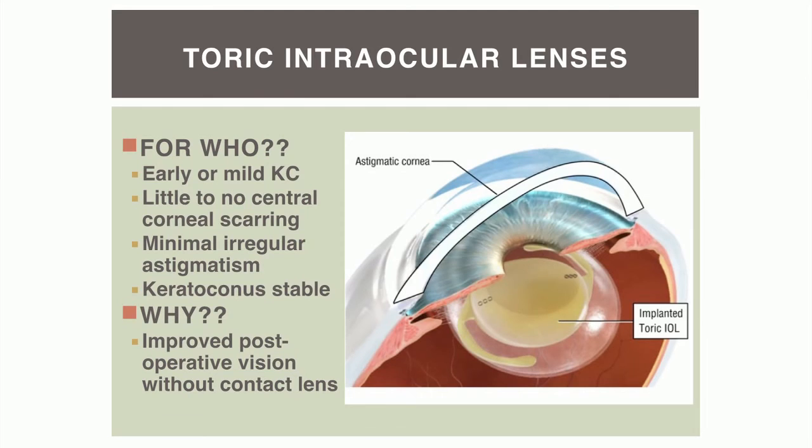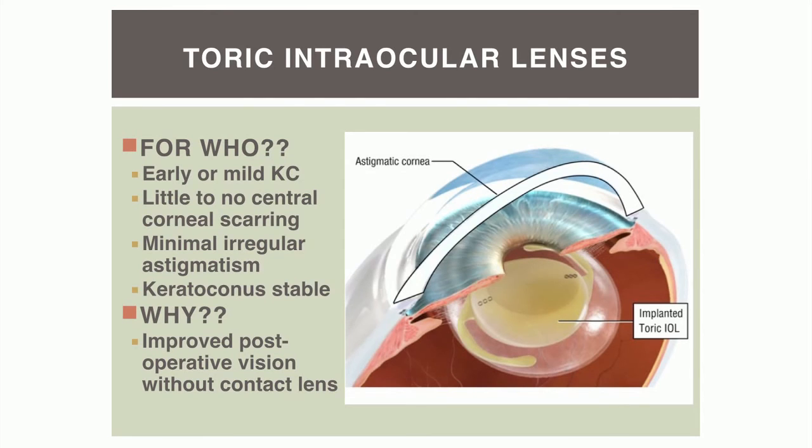So in keratoconus patients who have early or mild keratoconus, or have little or no scarring in the center, and are able to have a correction of their keratoconus mostly with glasses, but not a contact lens, then the concept and the possibility of reducing that astigmatism with an intraocular lens comes into play.